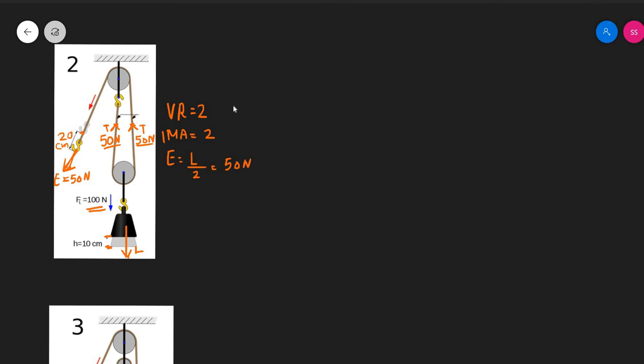Now it's very important to know how to draw your block and tackle system. If you get an even number of pulleys, in this case the number of pulleys is equal to 2, it's quite simple. You create a pulley at the top, a pulley at the bottom, and then you add the load.